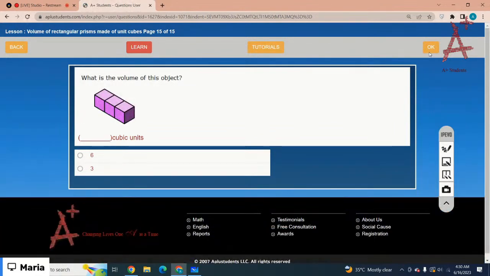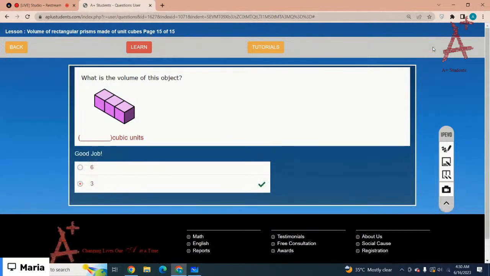What is the volume of this object? It would be 1 times 3. So the correct option is 3. Got it? Okay, we are done with the lesson.